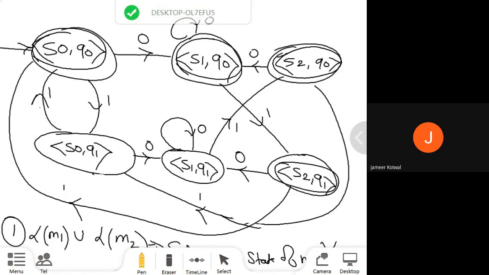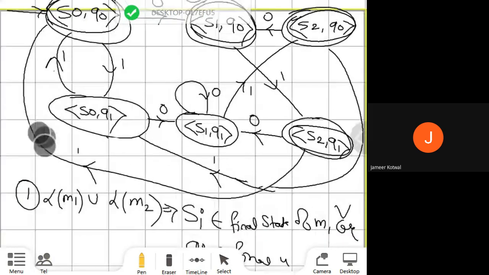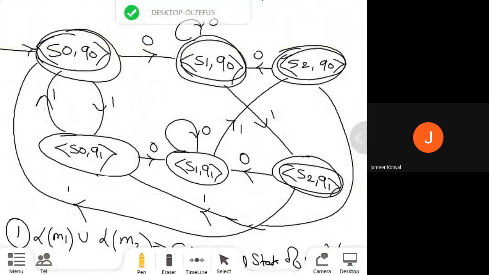Fine. Now the same diagram I will make for the intersection. I will just, which state was this?